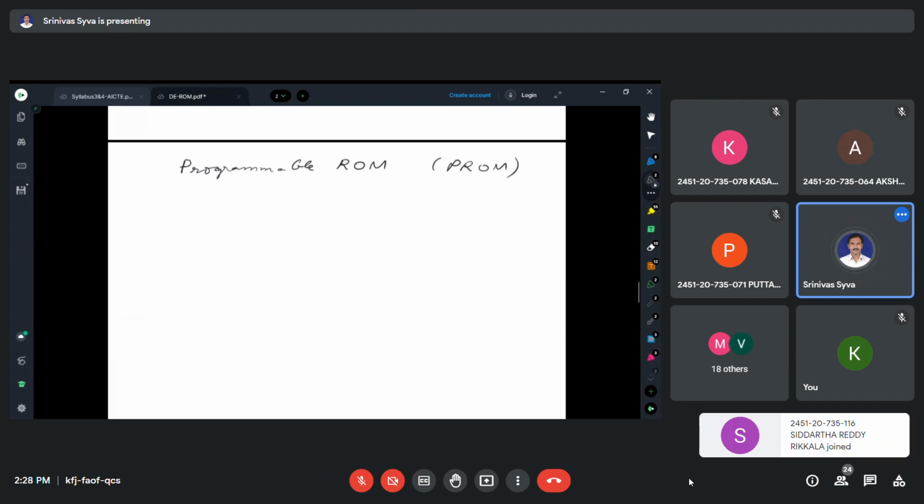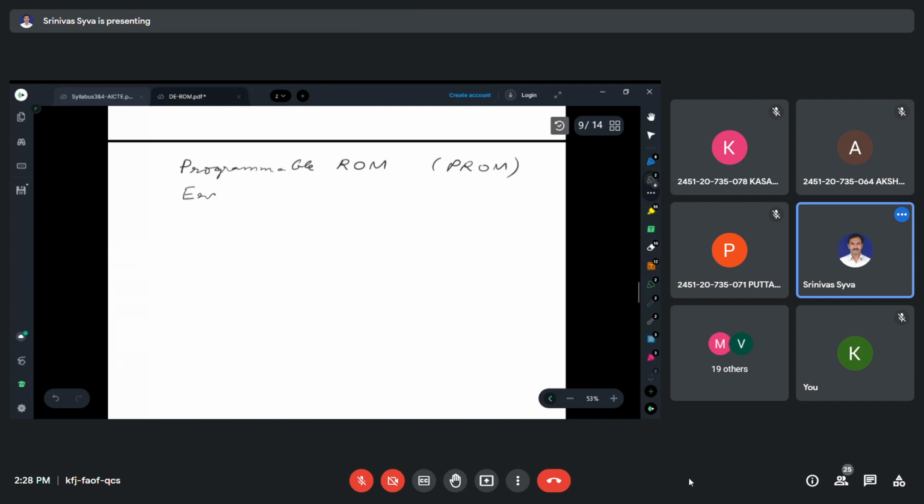Another is erasable programmable read-only memory.